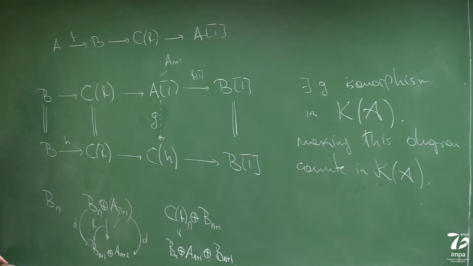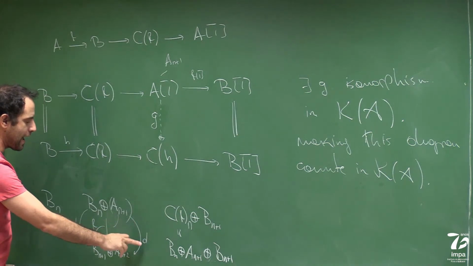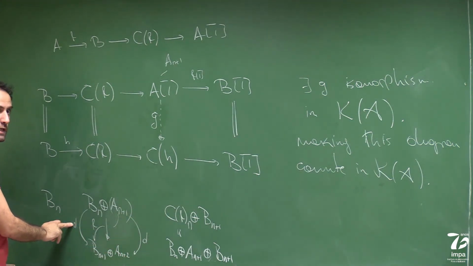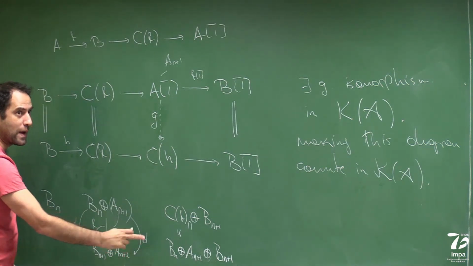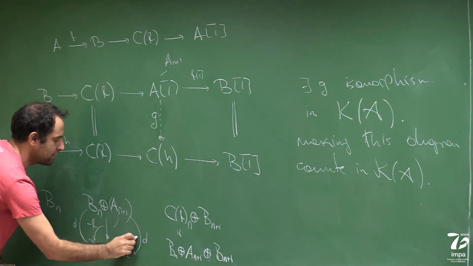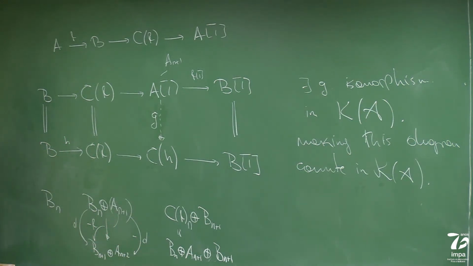And I don't remember the book. I think the book actually chooses to have minus f here and minus d here, or probably minus d here, and then plus in these two. I don't care. There's some choice of signs to make this into a good complex. But the point is that for something from here you apply d, and for something from here you take d on this component and f on the other component.